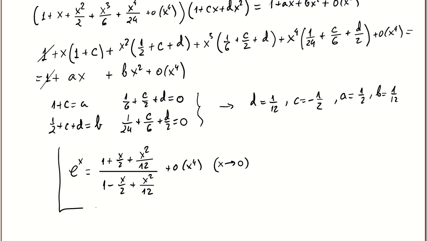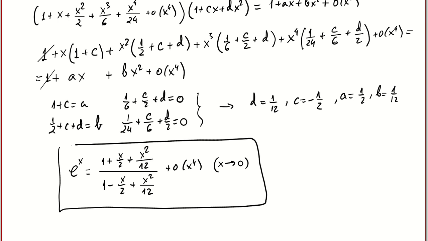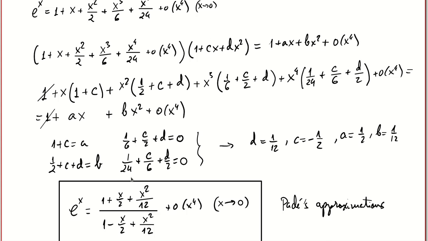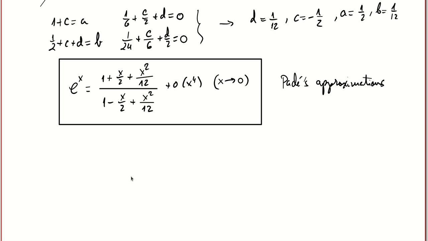These kinds of rational approximations are called in the literature Padé approximations, and they turn out to be more useful to evaluate numerically the function you are approximating than simply the Taylor expansion. So these are preferred in numerical calculations to an ordinary Taylor expansion in a polynomial.